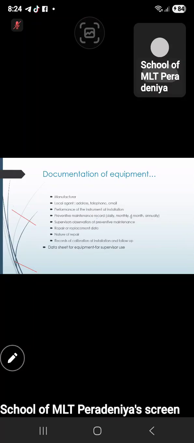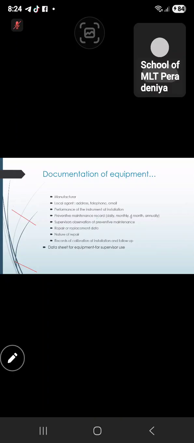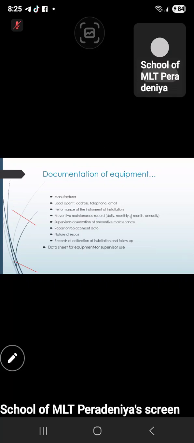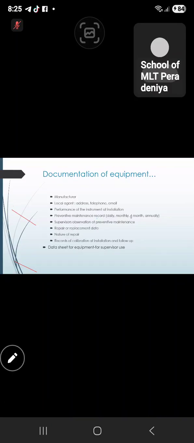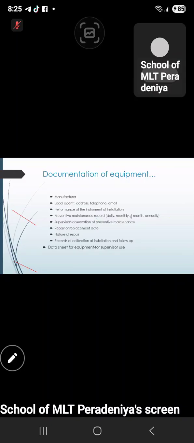So if anybody in the lab wants to know about the equipment, they just go through that particular equipment's maintenance book. We can know everything about that equipment, right? And when we do periodic maintenance, we can record it. If we replace a certain part, that should be entered in the book.